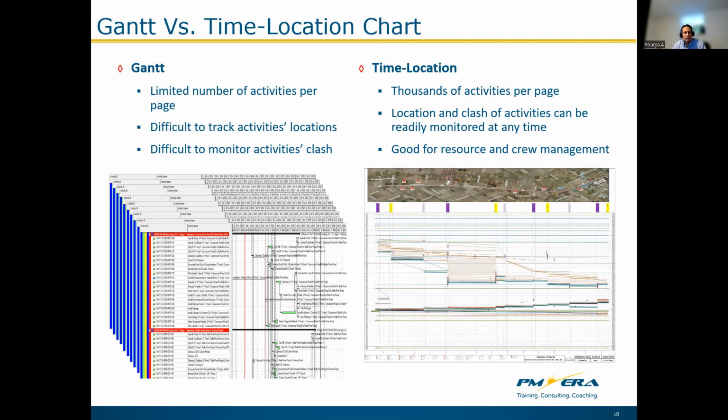For instance, critical path method or CPM scheduling and Gantt charts are based on the work breakdown structure and are driven by the scope or phase of the project, whereas the time location charts are mainly driven by the physical activities. Therefore, they should both be used along with each other.